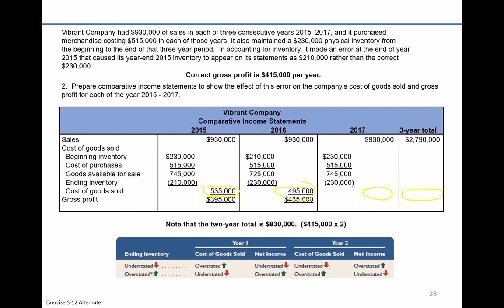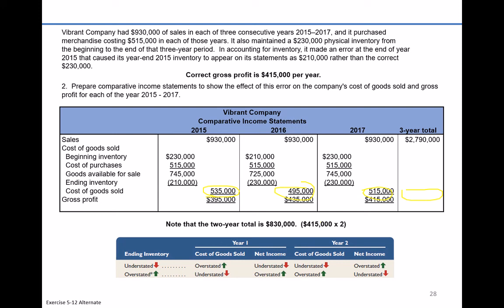Remember, the mistake was just made in 2015, and we have what our correct cost of goods sold should be of 515. I said 30,000 earlier. I meant 20,000 was the amount that was off. So now in 2017, that's correctly stated, isn't it? We should have had that 515 as our cost of goods sold for every year, and our gross profit of 415 for every year, just like we saw when we did it in part 1.